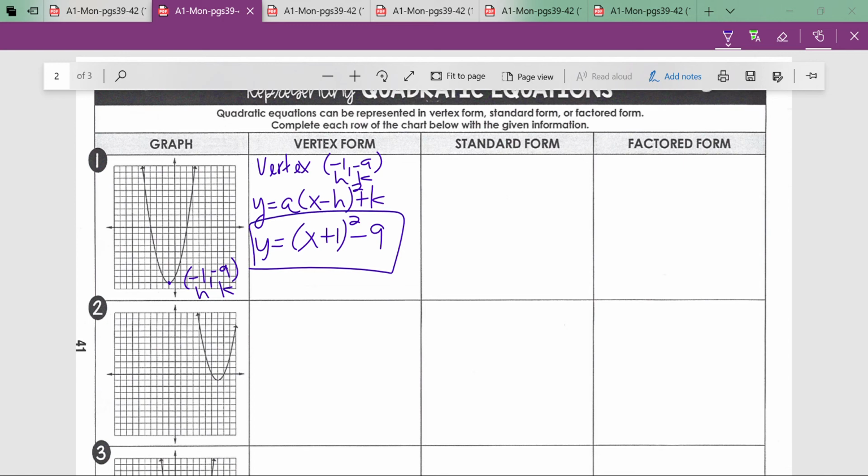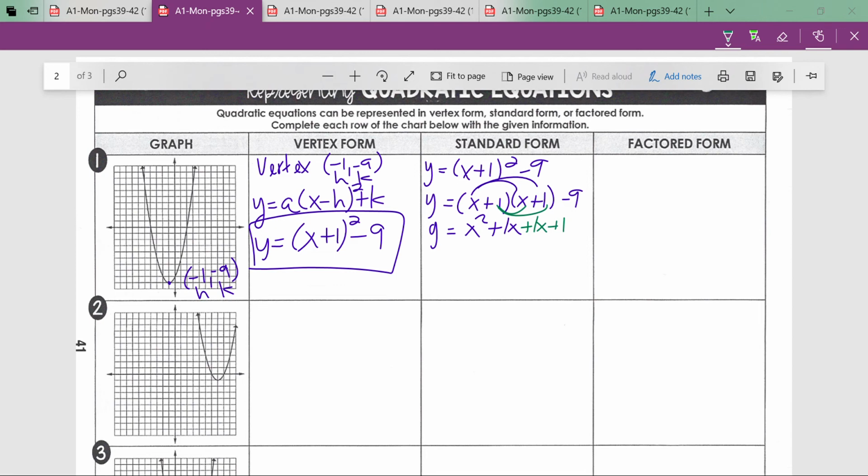Then you're going to change it into standard form, and that's what we practiced in the examples. So write it up here, and then do the work. So write this twice, x plus 1, x plus 1, minus 9. Then do FOIL. So that's going to be x squared plus 1x, then 1 times x, 1x, 1 times 1, 1.